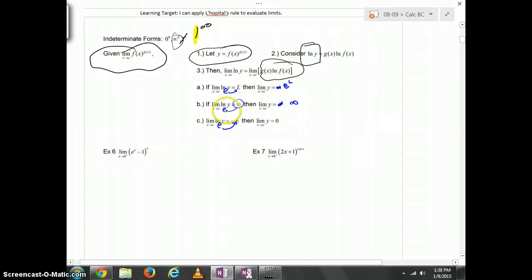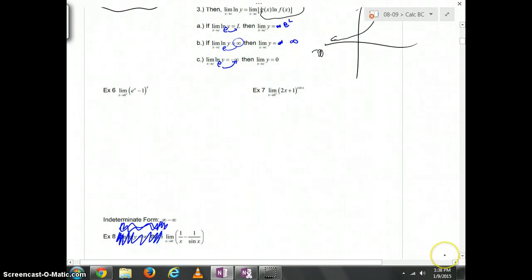If you had infinity, e to the infinite power would yield infinity. E to the negative infinity, if you think about the graph of what e to the x looks like, if you had negative infinity over here, e to the negative infinity, of course, is 0. Well, let's go ahead and take a look at some problems and see how we can proceed.